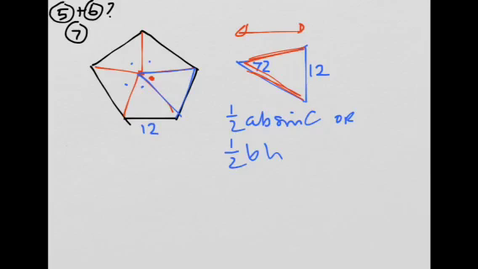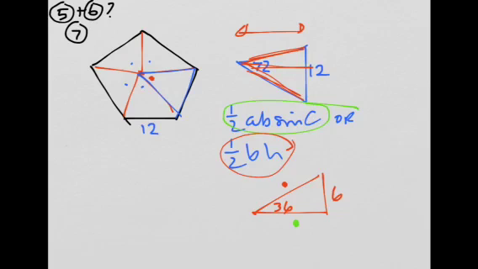But if I split this triangle in half, then I know that this side is going to be 6, I know that this angle is going to be 36, and then I can do SOHCAHTOA to find this side, and then use the first formula, or I can do SOHCAHTOA to find this side, and then use the second formula. So you have a choice at this point.